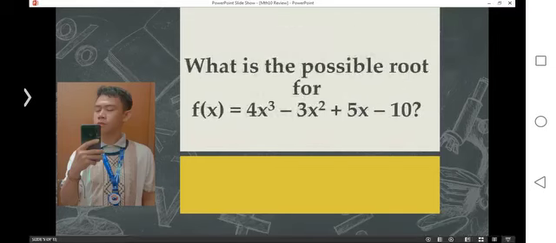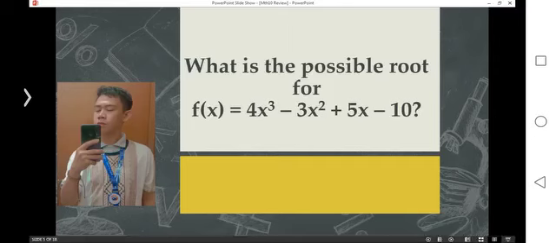Next, what are the possible roots for the function 4x³ - 3x² + 5x - 10? We will apply the rational root theorem. Find the p, find the q, then solve for p over q.